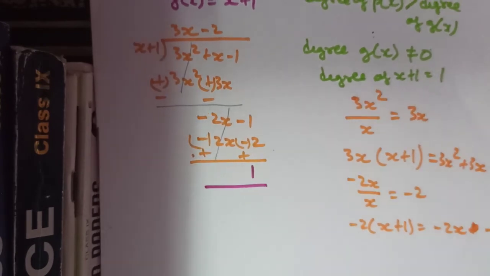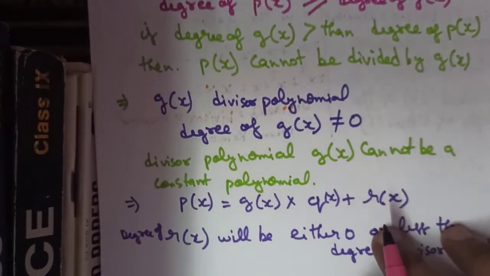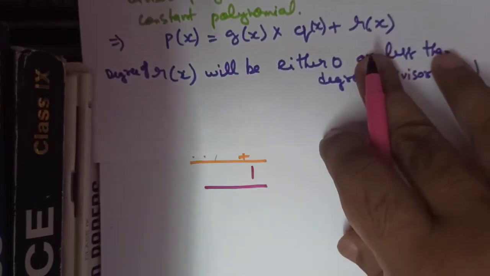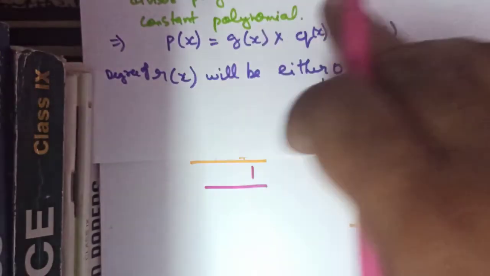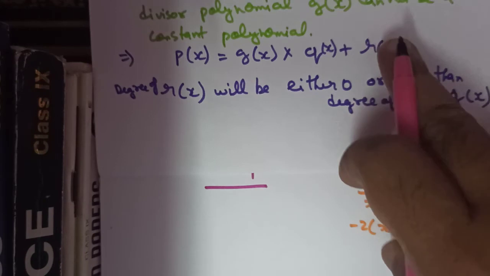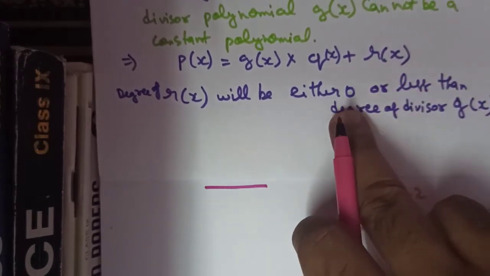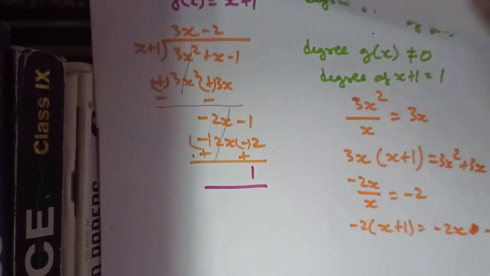Now we come to the third point. If we are dividing polynomial p(x) by the polynomial g(x), then the degree of the remainder r(x) will be either 0 or less than the degree of g(x).